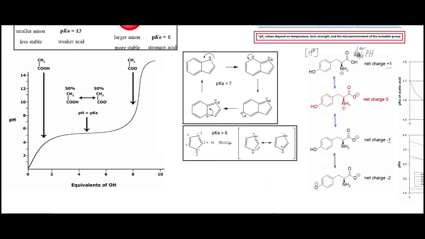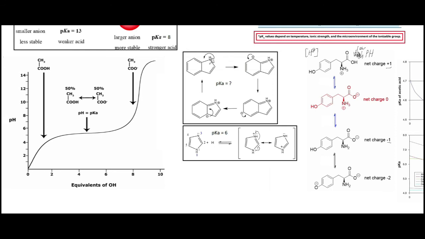So this lone pair will collapse down there, collapse up in there, and so it's resonance stabilized, and that's why it will protonate. In tryptophan, which has this larger ring system, the electron lone pair in the nitrogen is actually involved in the aromaticity of the ring.